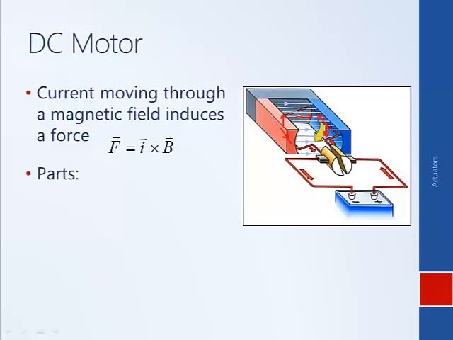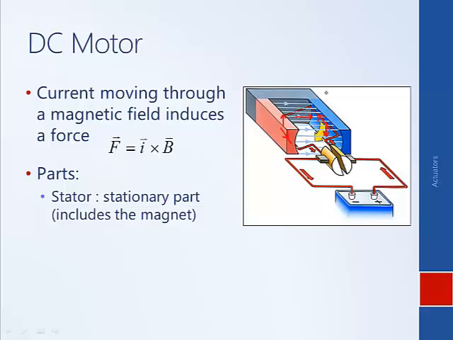The parts that make up the motor include the stator, which is the stationary part of the motor. The most important part of that is the magnet, as shown here. So this magnet is a permanent magnet, and it doesn't move, it's fixed. The part in the middle that's spinning, the spinning coil, is called the rotor.